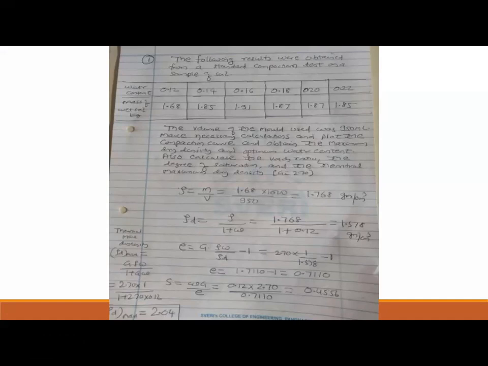Once you get degree of saturation, finally what he has asked, theoretical maximum dry density. And theoretical maximum dry density, rho D maximum is given by G rho W by 1 plus G omega. G is 2.70, rho W is 1, plus G, again we know 2.7, water content we know. So theoretical maximum dry density when saturation is 100% for the first reading is 2.04.